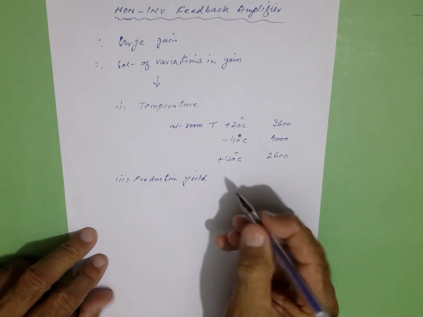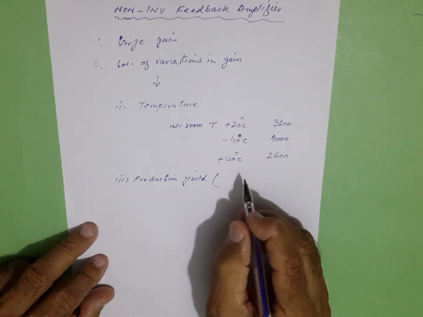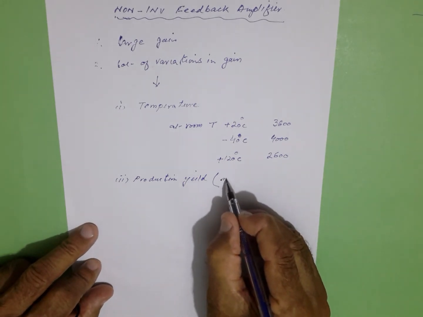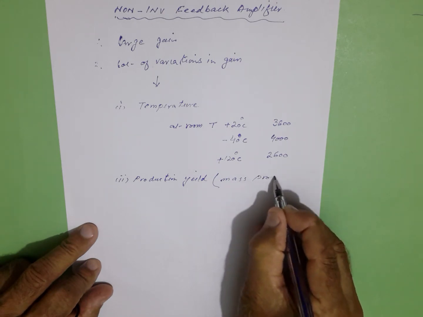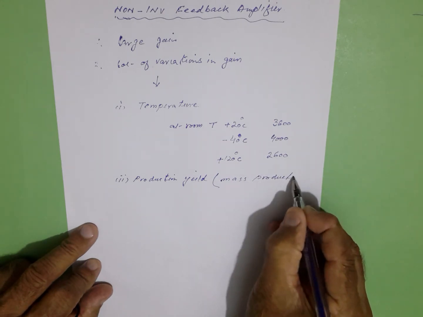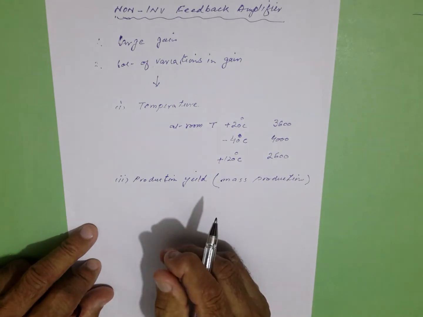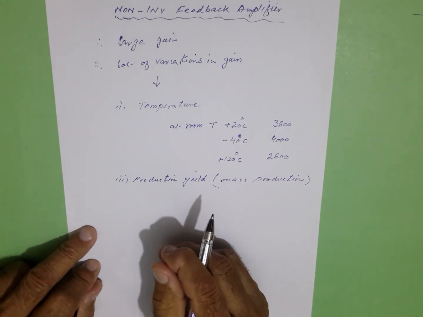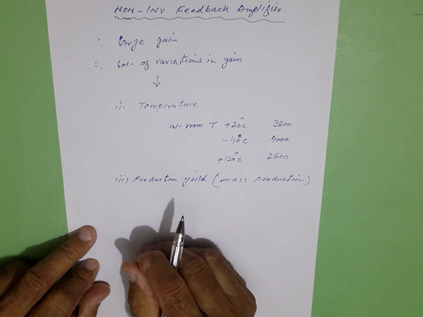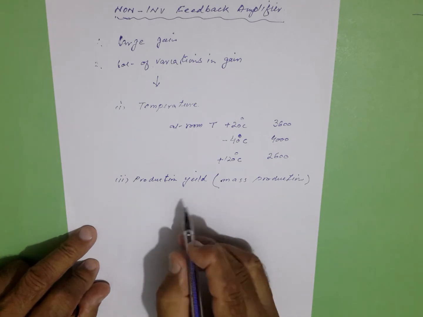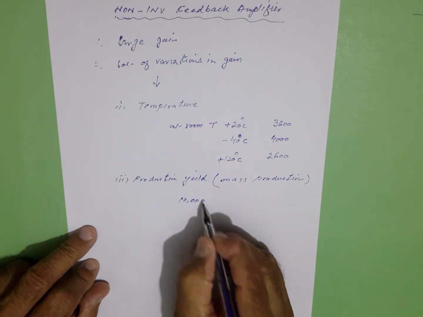What does production yield mean? The operational amplifiers are made in mass production. Mass production means they are not made in 10, 20, 50, 60 or 100. They are made in tens of thousands.